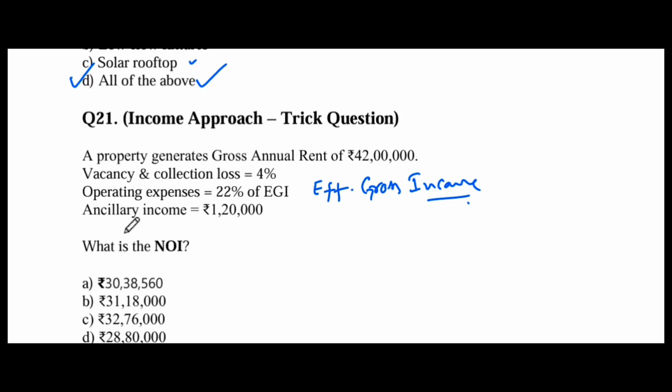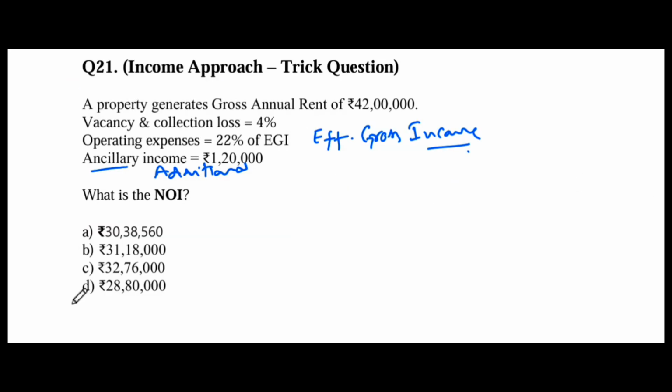What is ancillary income? Additional income. Ancillary income means additional income from property besides primary rent, like parking fees, laundry, and something like that.